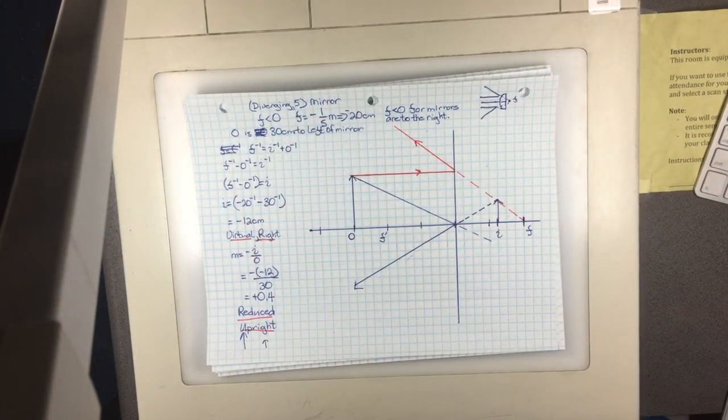So that ray reflects away from the focal point, and you get that.